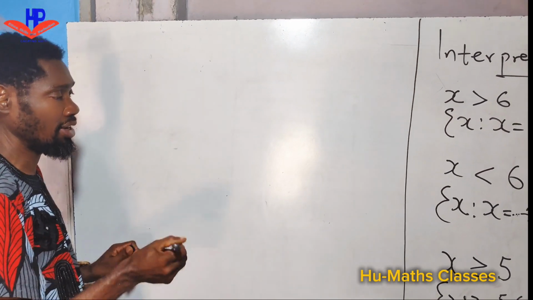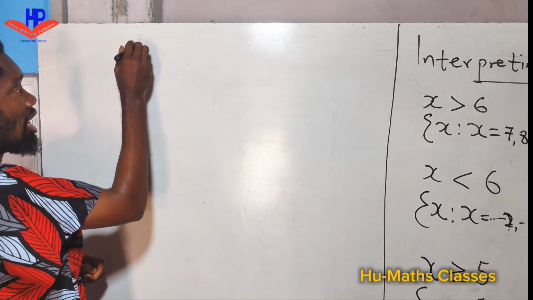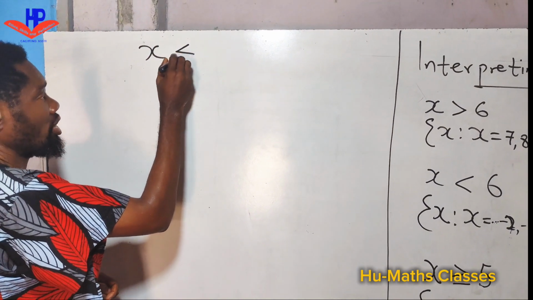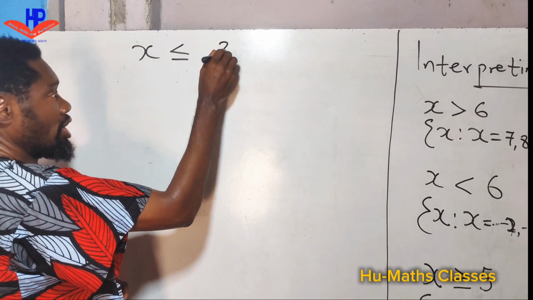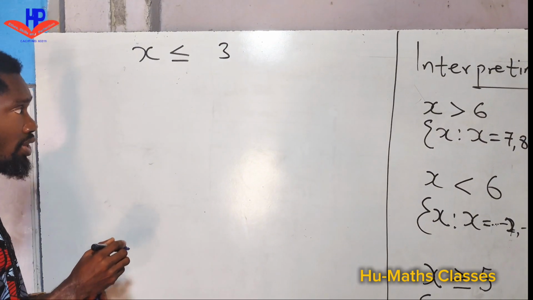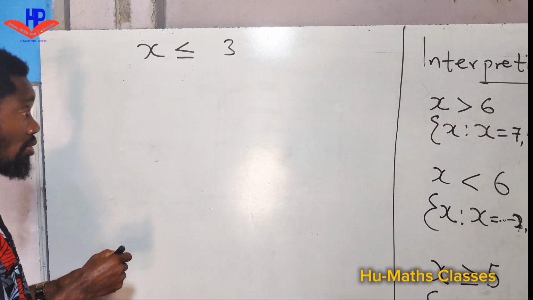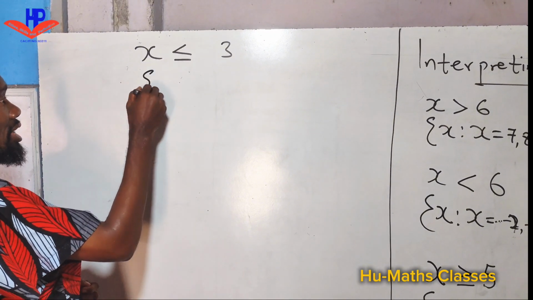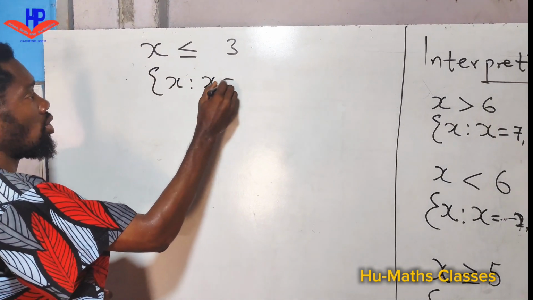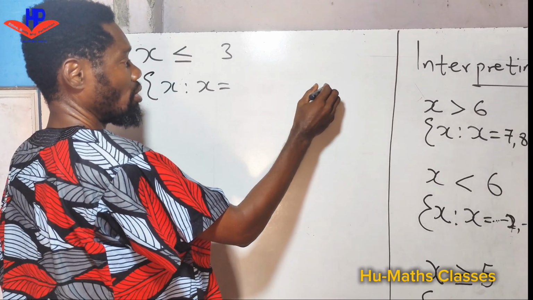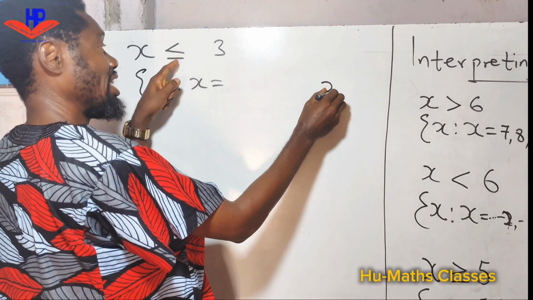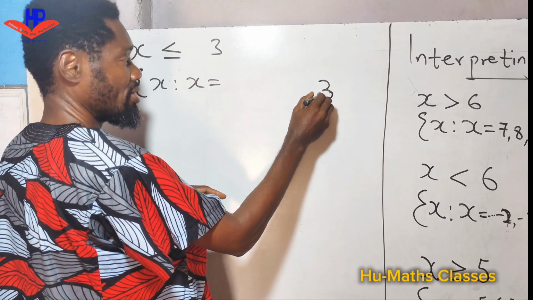Let's try the next example. X less than or equal to 3. X is less than or equal to 3 will give us a set of numbers of which x will be equal to numbers less than 3, numbers from 2, but since it's equal to 3, I will start from 3.